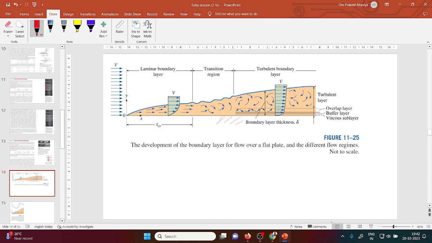In the first part is the laminar boundary layer, after that the transition region, and after that the turbulent boundary layer. In the turbulent boundary layer, the boundary layer is divided into four parts: the viscous sublayer, buffer layer, overlap layer, and the turbulent layer, right?